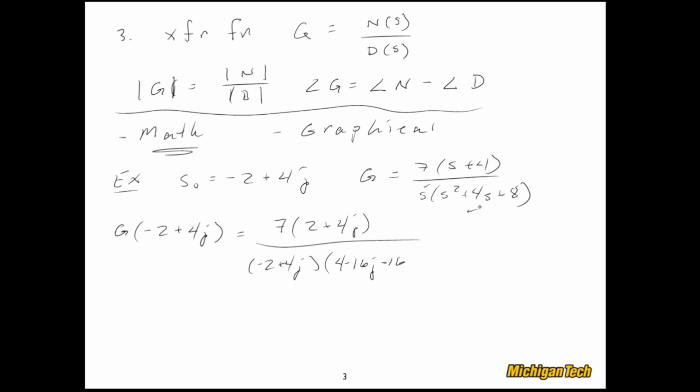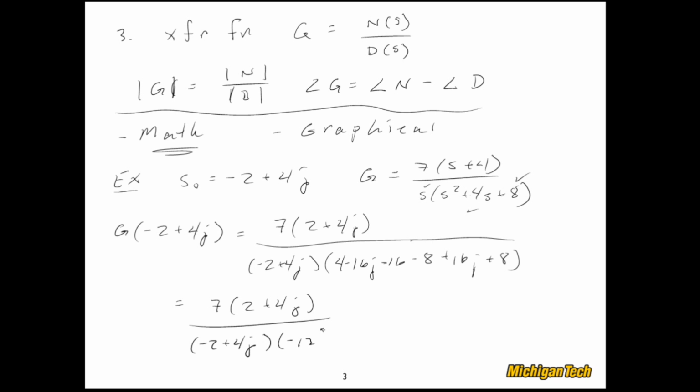Then we have this term, 4s. So let's see, that gives us a -8 plus 16j. And then we have this, plus 8. All kinds of wonderful simplification occurs here. Let's rewrite the numerator. And in the denominator we get, let's see, a -2 plus 4j. And from here, a -12.